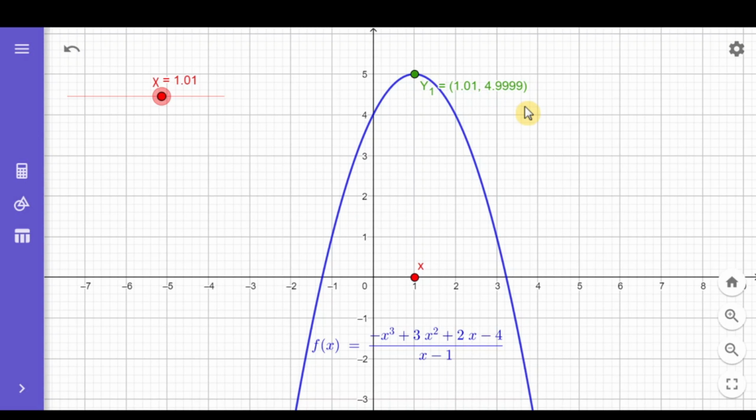Sa pa, getting closer to 1, 4.9999. So, are there other numbers that are closer to 1 other than 1.01? Of course, yes. 1.001, 1.00001. Now, you tell me what is happening to the value of the number.